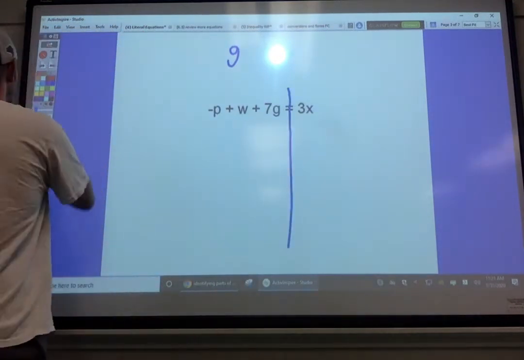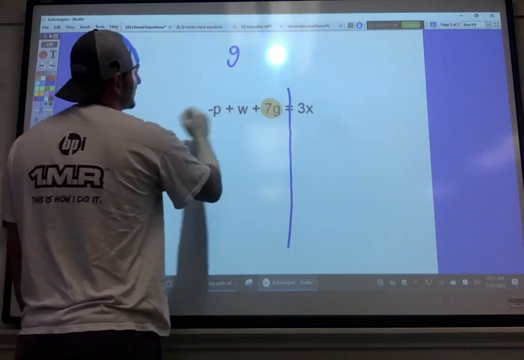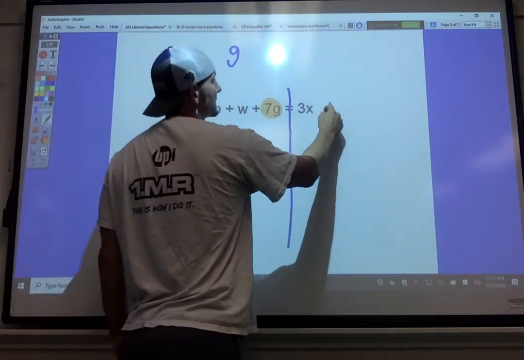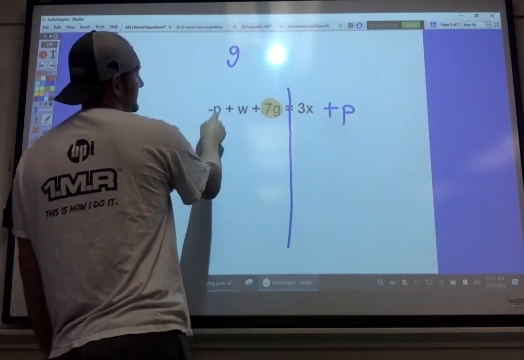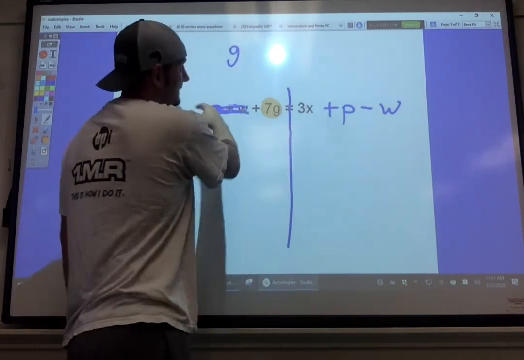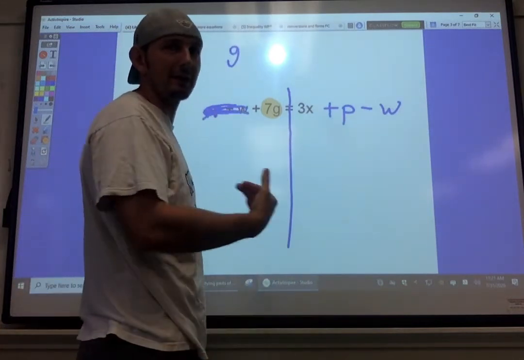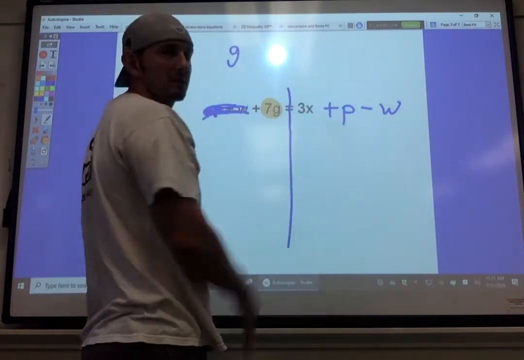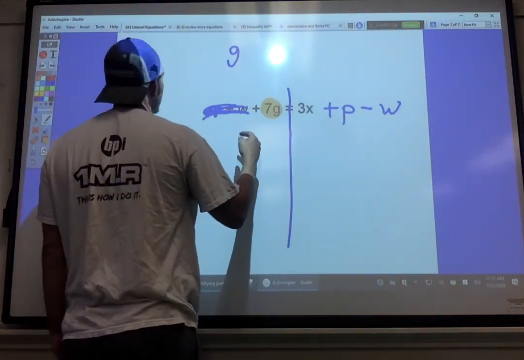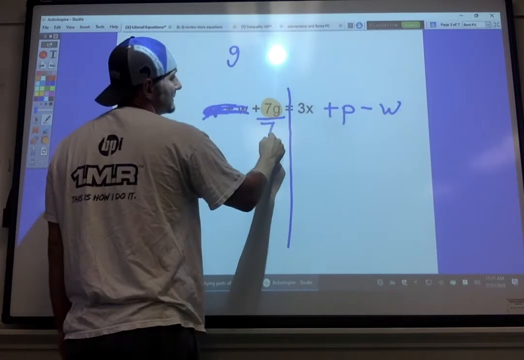Alright, so again, there's your variable term. Constants, let's just move them over there. Plus P gets rid of this. Minus W gets rid of that. Again, ACT speed, I'm not going to rewrite this, because that's a lot quicker. Speed kills, just like in all sports. So divide by 7.